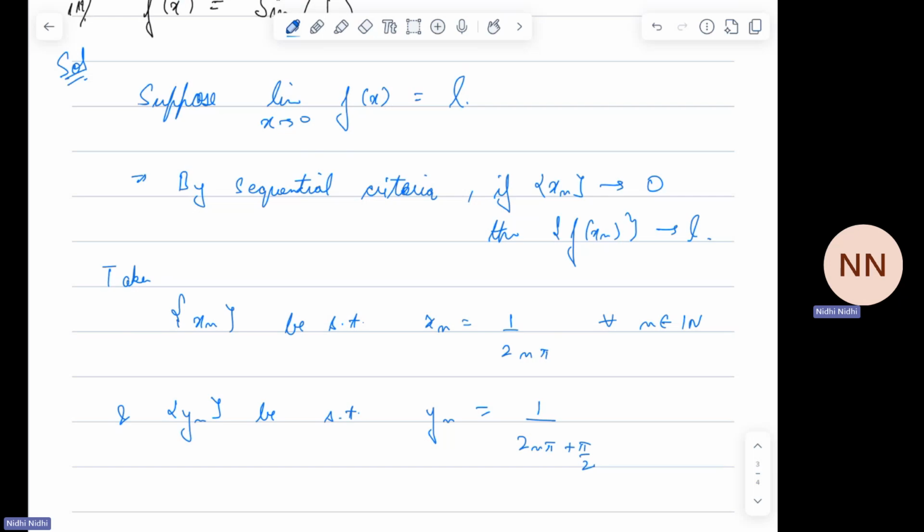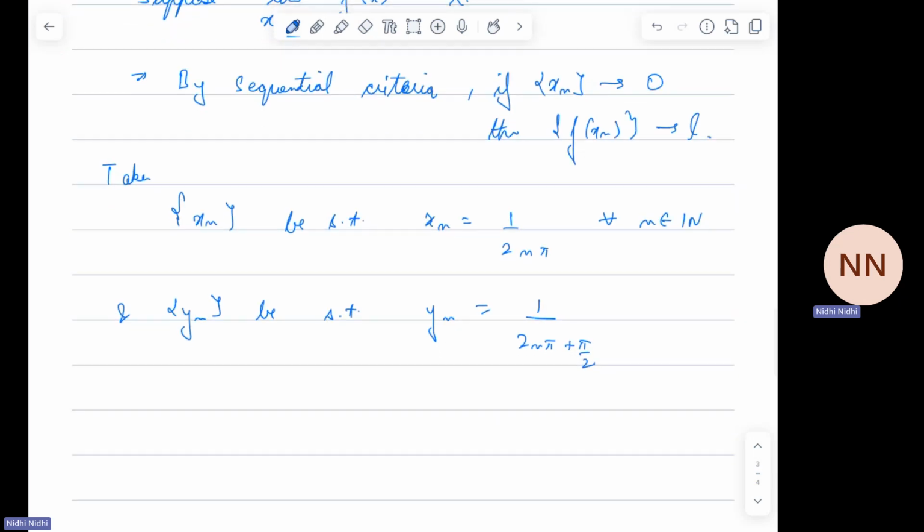Now clearly the sequence x_n goes to 0 and y_n also goes to 0 as n tends to infinity.